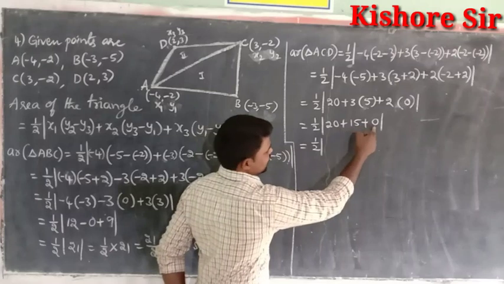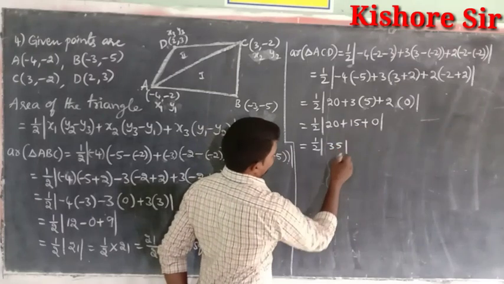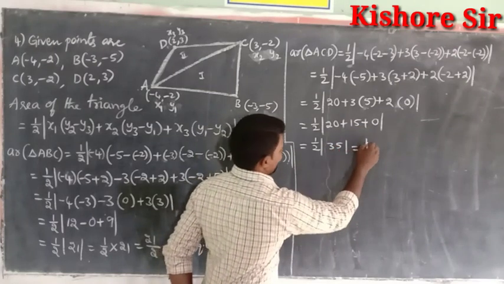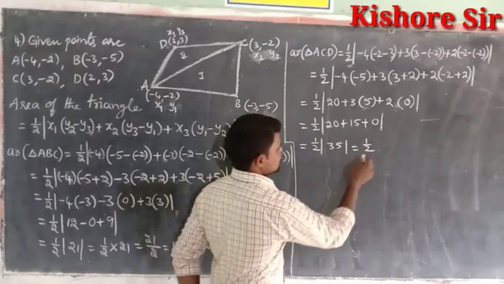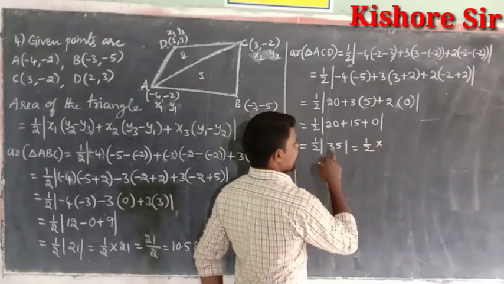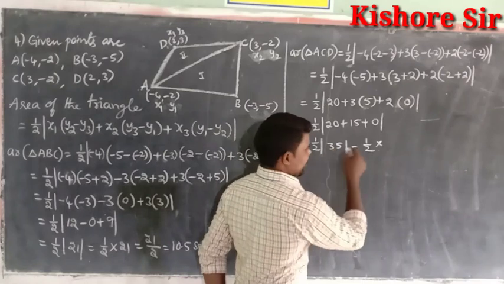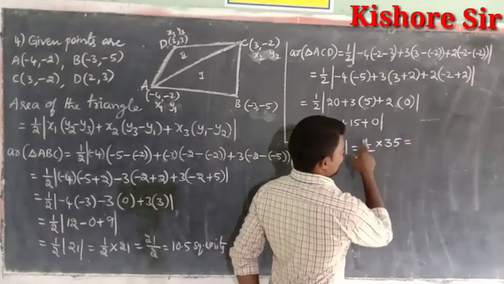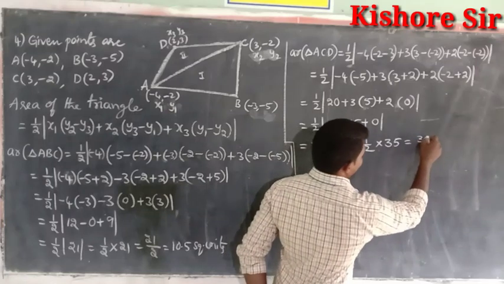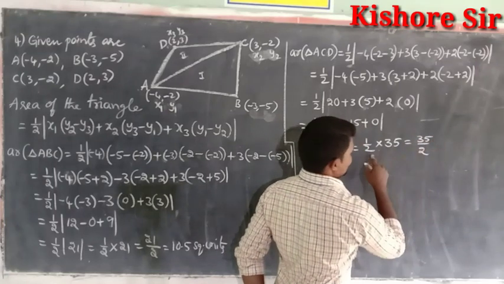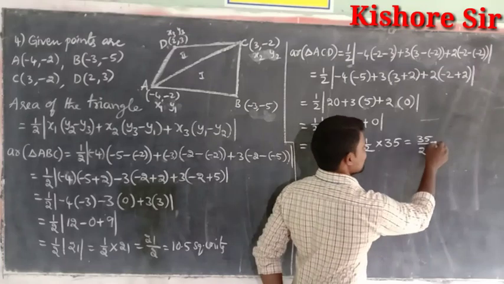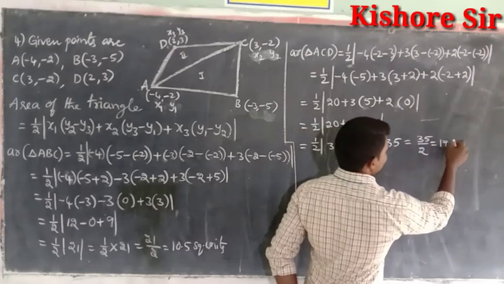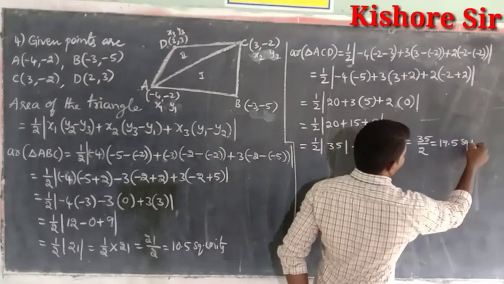35 plus 0 is 35. That is equal to 1 by 2. Remove the modulus, you get modulus 35 value 35. That is equal to 1 into 35 by 2. 35 by 2 value is 17.5 square units.